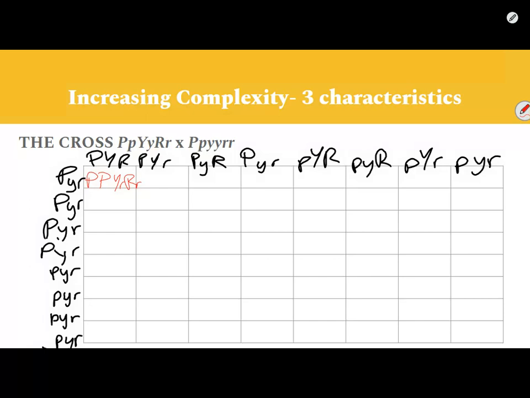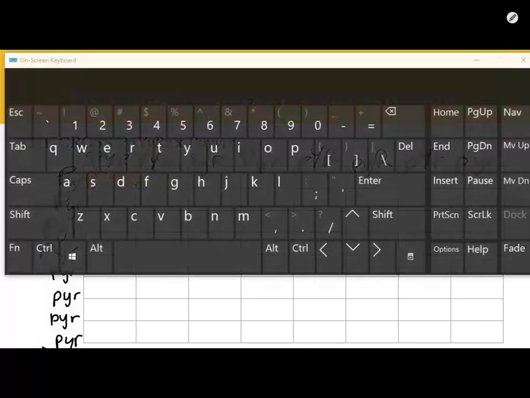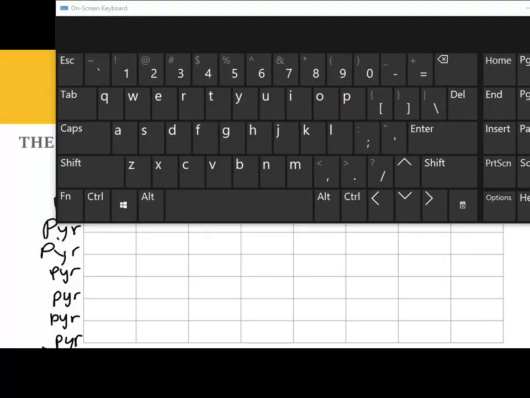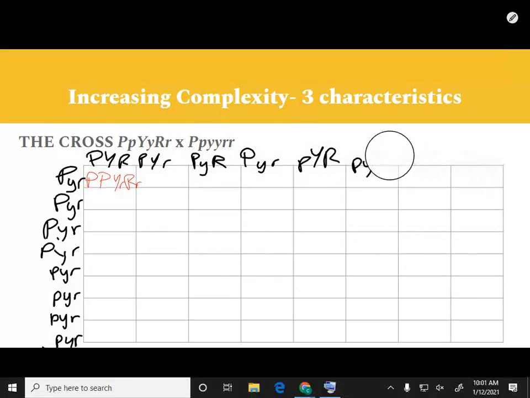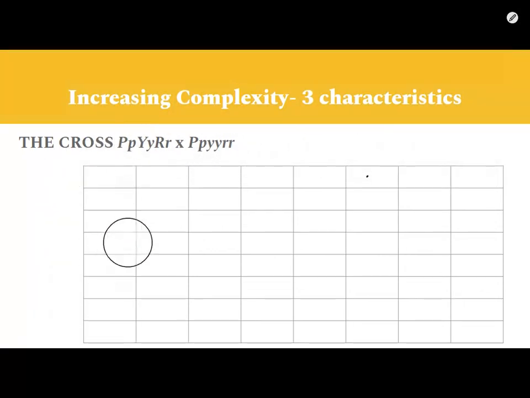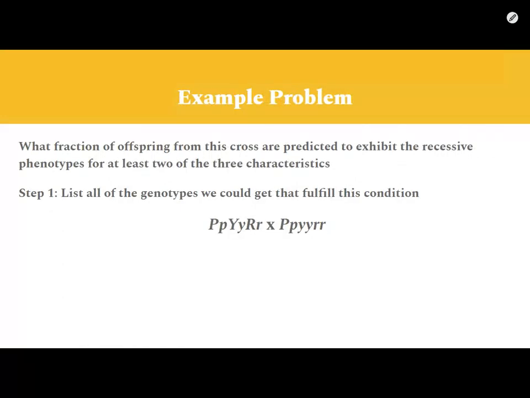In order to not do these, we learn the probability rules. So I'll erase all our hard work. Please go away. Oh, close enough. All right. So, example problem.